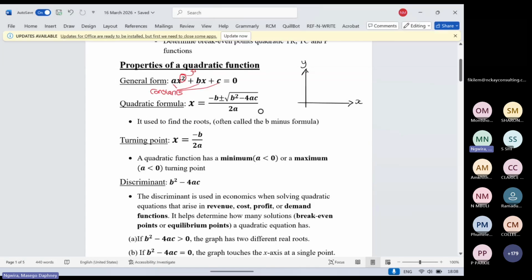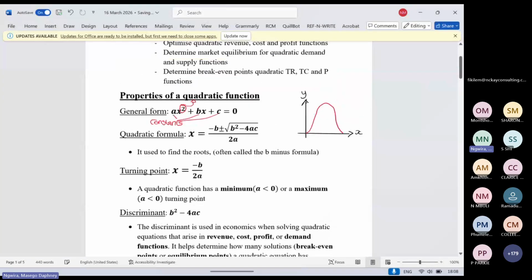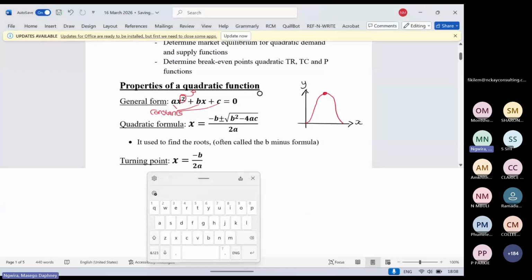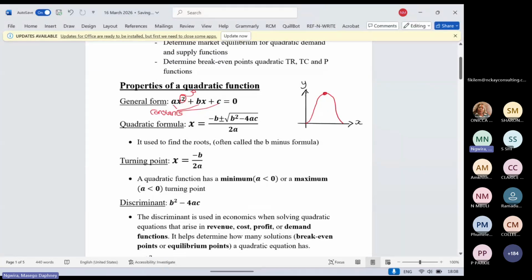Sometimes it's facing up, sometimes it's facing down. With the quadratic function, this point we call the turning point. This is where our graph is turning. With the turning point you have two coordinates, an x and a y.